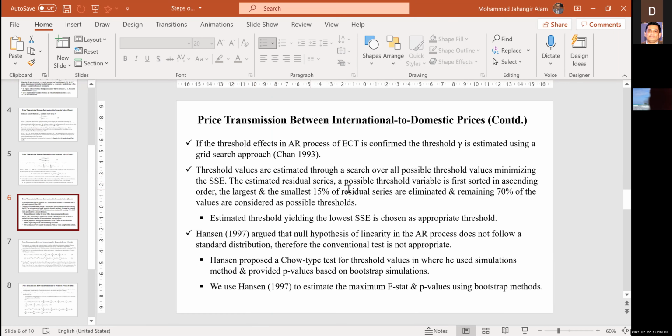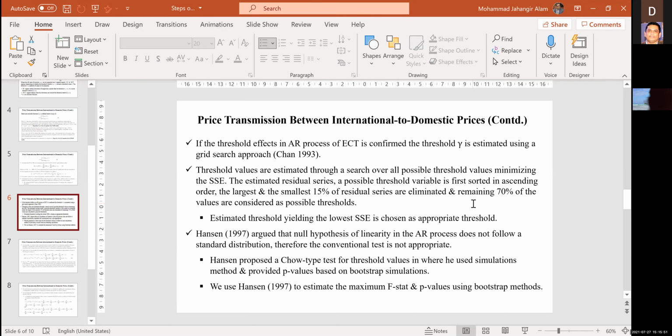The estimated residual series, the possible threshold values, is first sorted in ascending order. For example, in my case I'll be estimating with 140 observations, which means about 13 years of monthly data. You have that number of residuals from your OLS, and you sort all your residual values in ascending order. The largest 15 and the lowest 15, you simply eliminate.